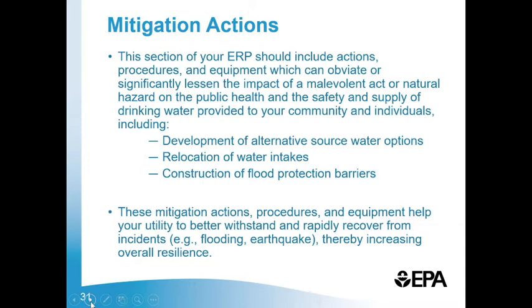So those are some examples of mitigation projects that you might want to consider. While you need to include these in your emergency response plans, it does not mean that you have to have actually already conducted these by the time it's time for you to certify. It's just identifying the specific mitigation actions that you need to take.